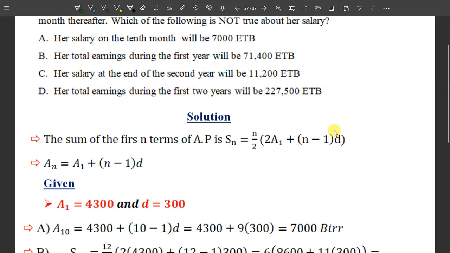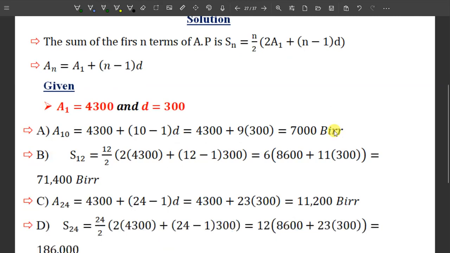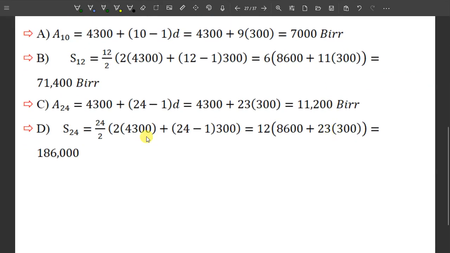Now let us see whether D is correct or not. D says her total earnings during the first 2 years will be 227,500 Ethiopian birr. That means the amount of money she earns since she was hired will be as follows.